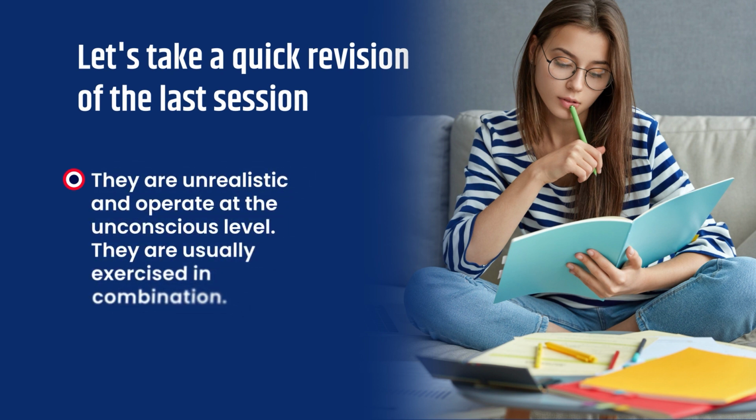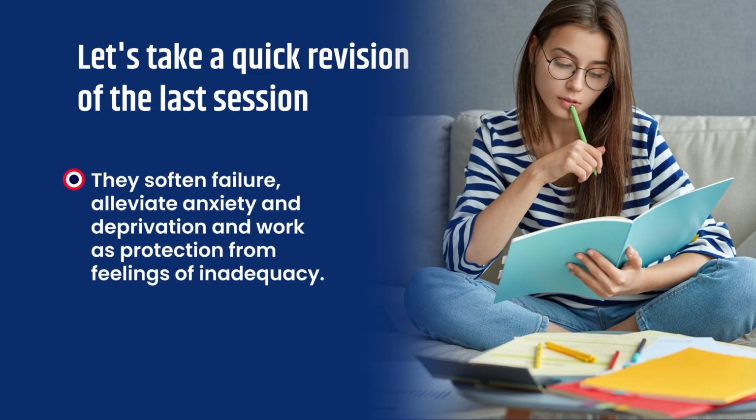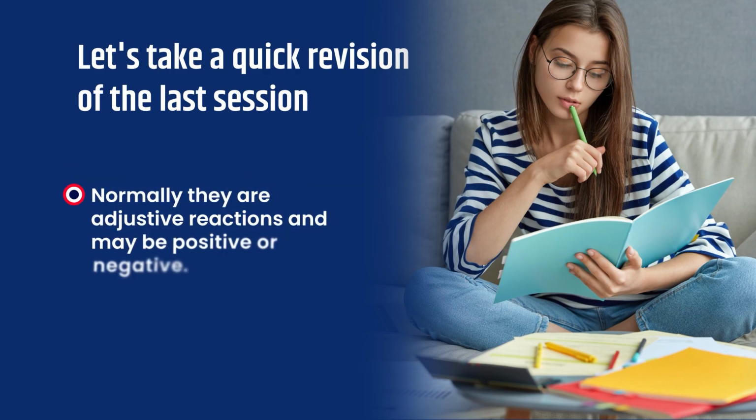They are unrealistic and operate at an unconscious level. They are usually exercised in combination. They soften failure, alleviate anxiety and deprivation, and work as protection from feelings of inadequacy. Normally, they are adjunctive reactions and may be positive or negative.